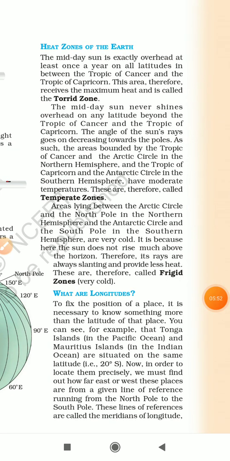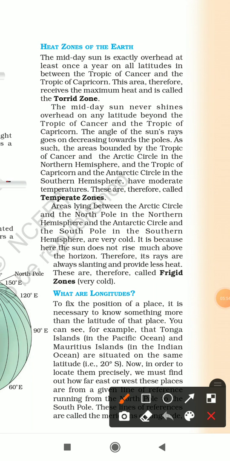Now, the midday sun never shines overhead on any latitude beyond the Tropic of Cancer and Tropic of Capricorn. The angle of sun's rays goes on decreasing towards the poles. That is, the poles receive slanting rays of the sun. Poles do not receive direct rays of the sun.